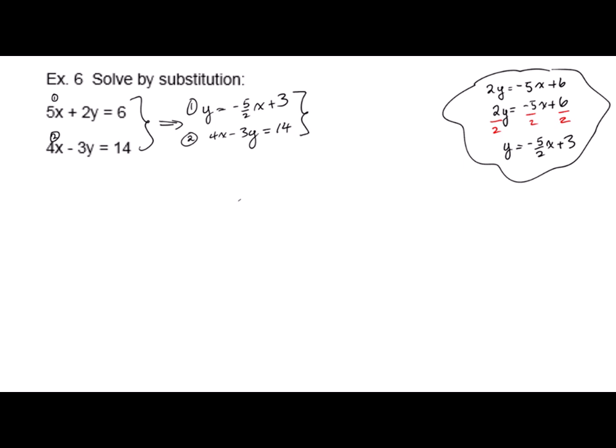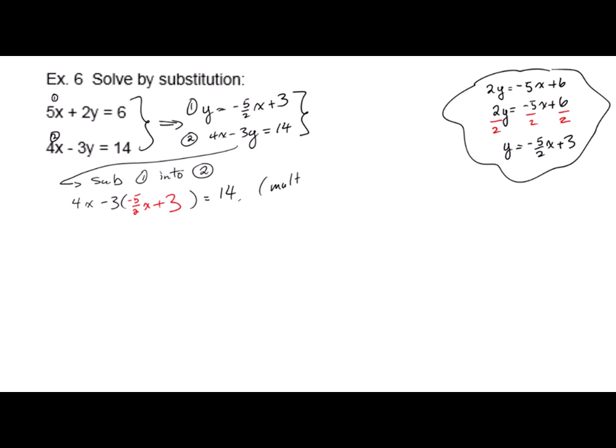Now, once we have that new system, we can immediately start doing our substitution. So we're going to sub 1 into 2. And we get 4x minus 3 bracket negative 5 over 2x plus 3 equals 14.